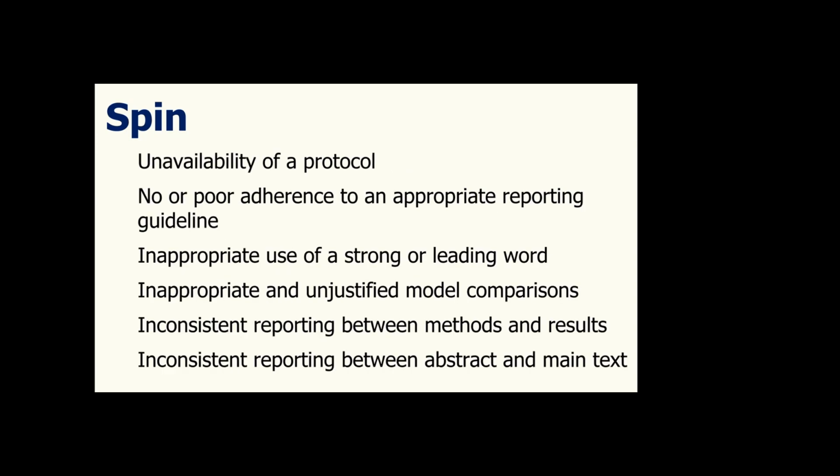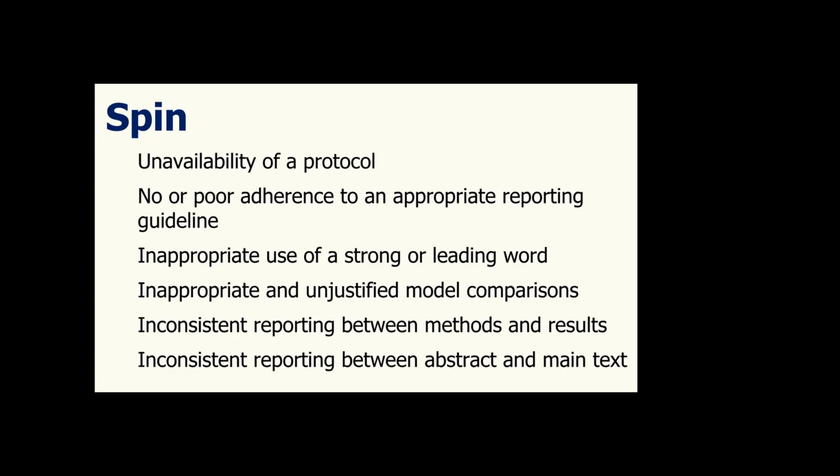So to evaluate spin, we were looking at whether there was an available protocol referenced in the manuscript. Was there any adherence, or did they mention any adherence, to a reporting guideline?